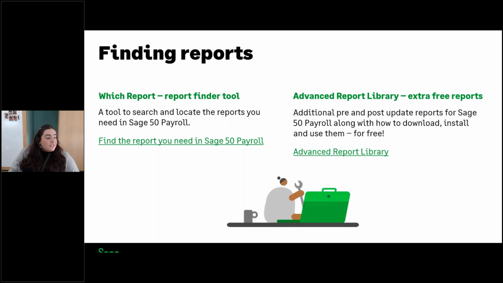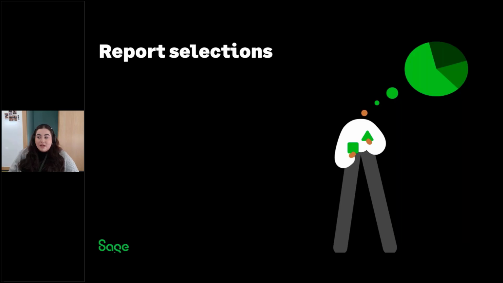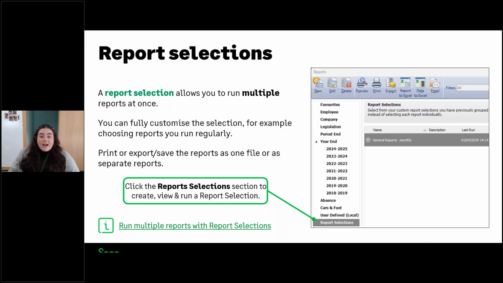It's now time to move on to the next section of the webinar, which is going to be all about report selections. And again, these are available for both pre-update and post-update reports. But a report selection allows you to run multiple reports at once, and it allows you to fully customize the selection too.